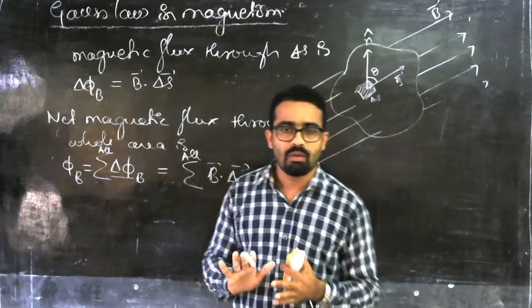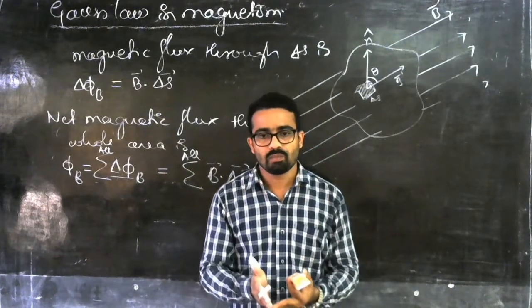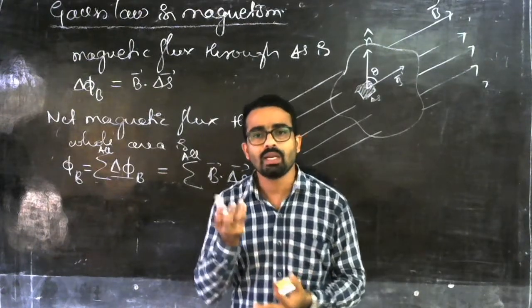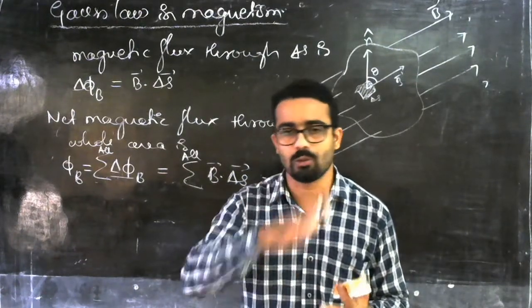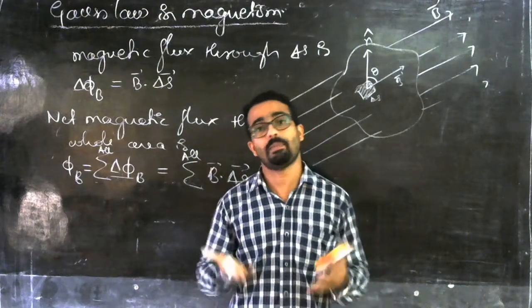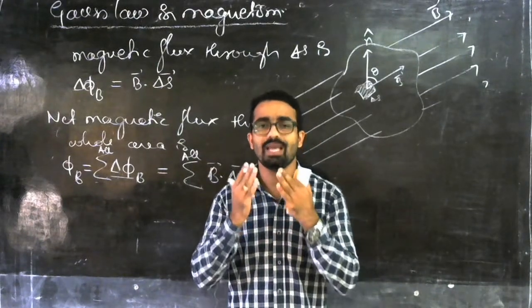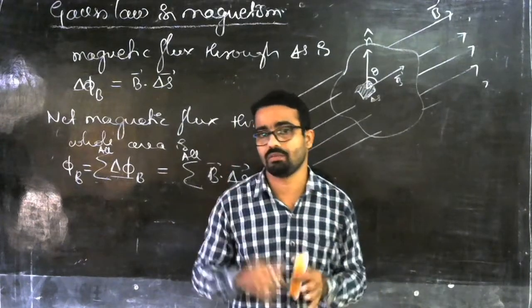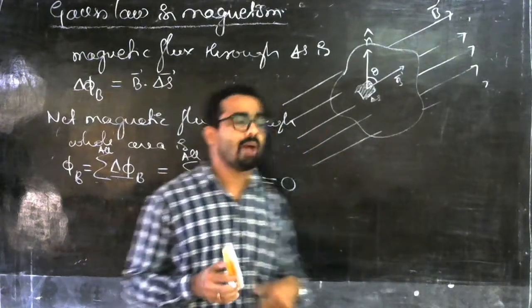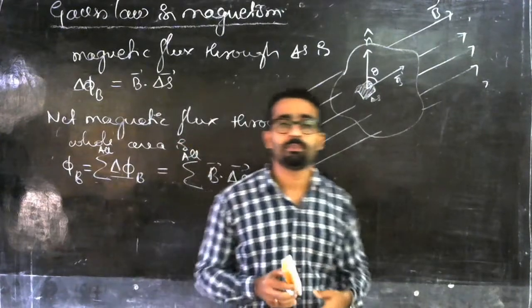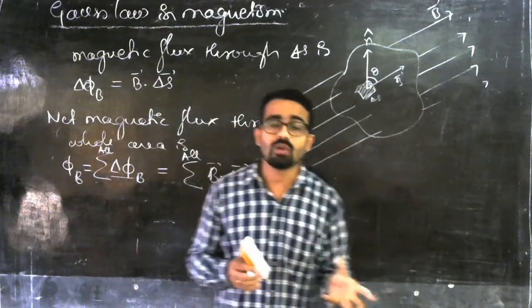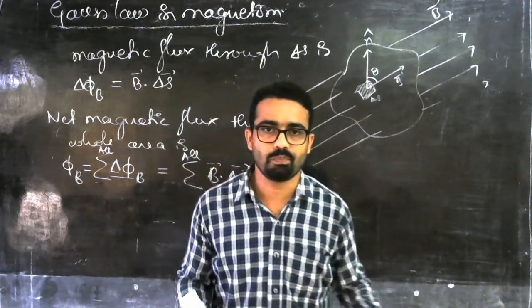Because when you go to electrostatics, we can see electric monopoles. Positive and negative charges are separated. That is why we get electric flux for any closed surface. But when you come to the chapter on magnetism, the magnetic flux through any closed surface will be equal to 0.